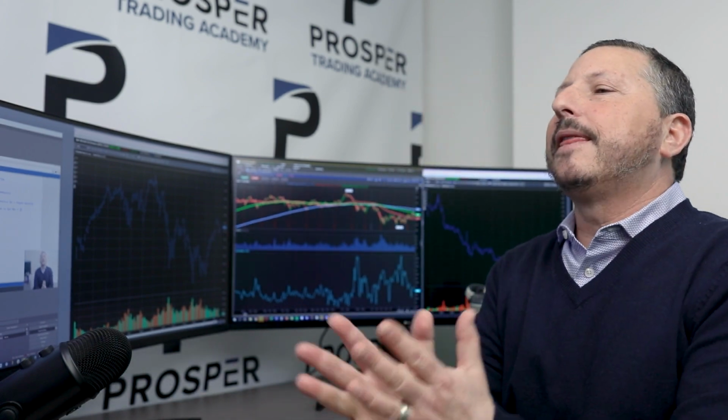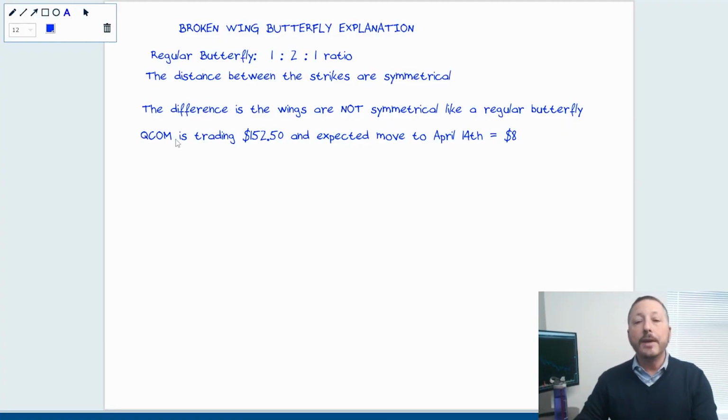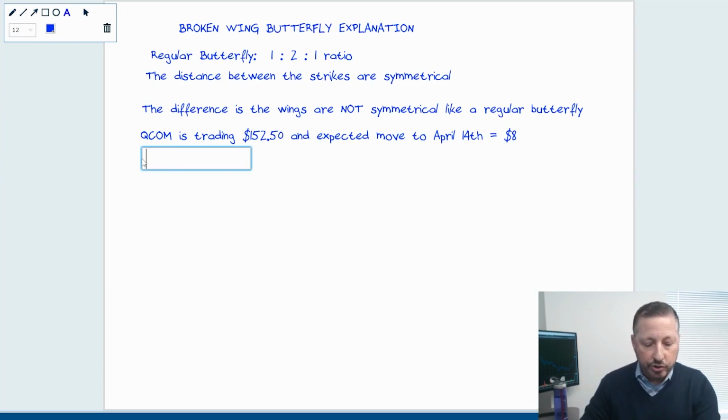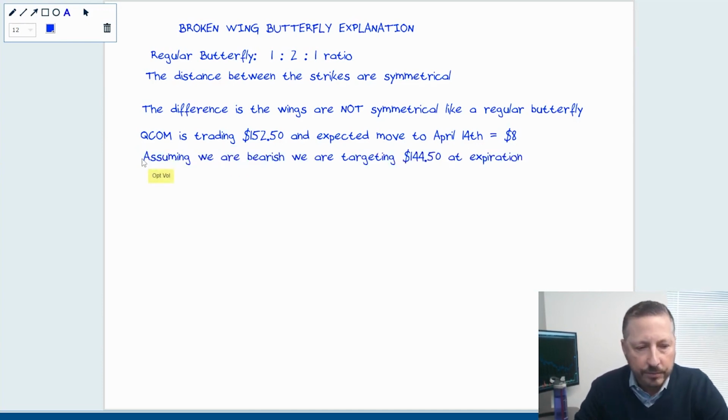It only tells us the size of the expected move with a 68% probability. So assuming that we are bearish, we are targeting 144.5 at expiration.